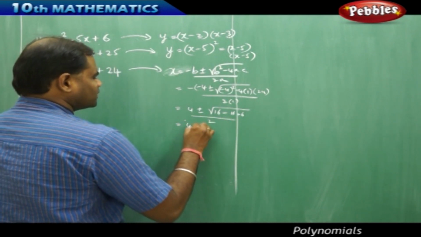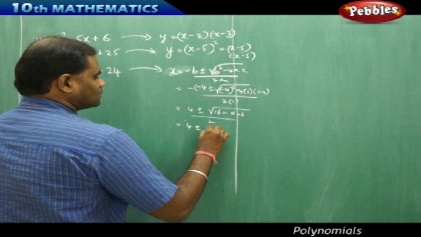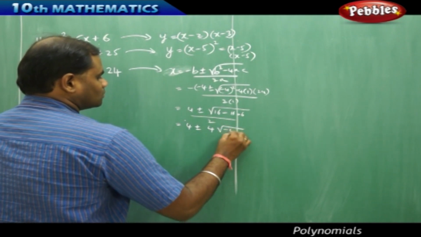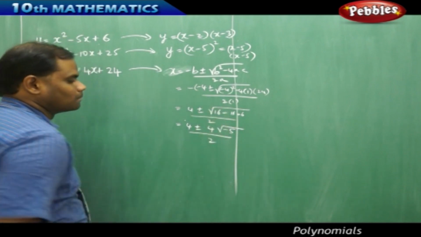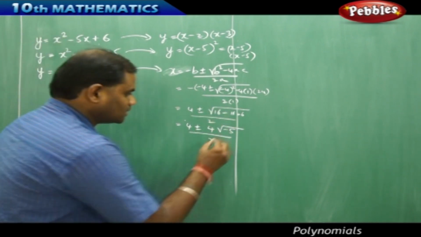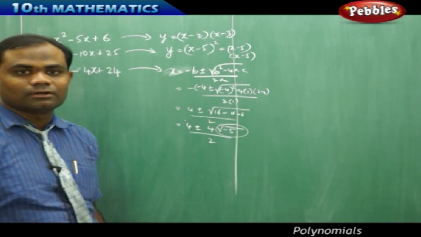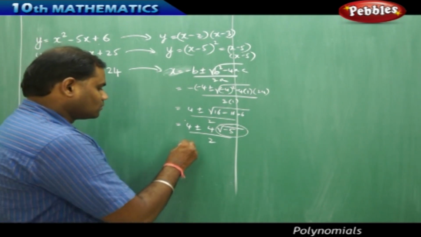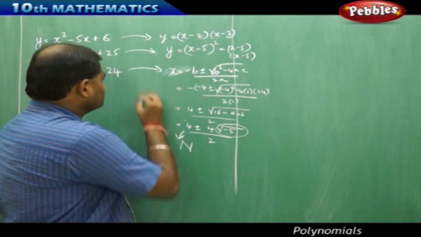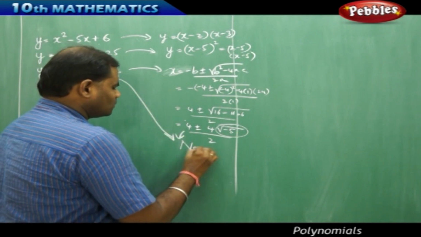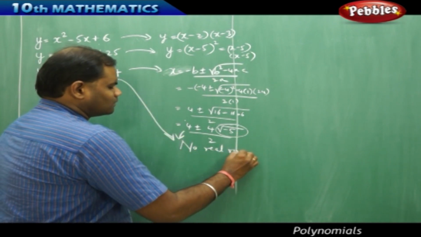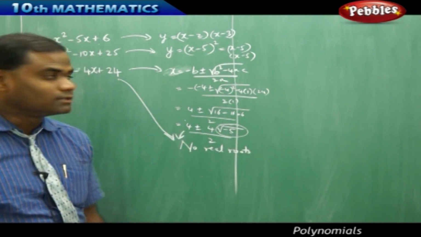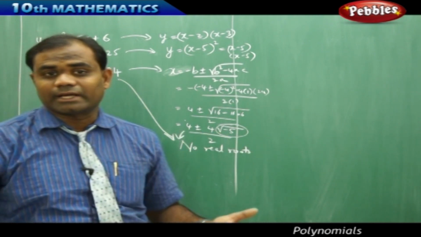On further simplification gives me 4 plus or minus root of minus 5 by 2, which gives me an imaginary number. Root of a negative number does not exist in the real plane. Therefore, this is understood to be with no real roots. That means zeros of this particular polynomial do not exist.